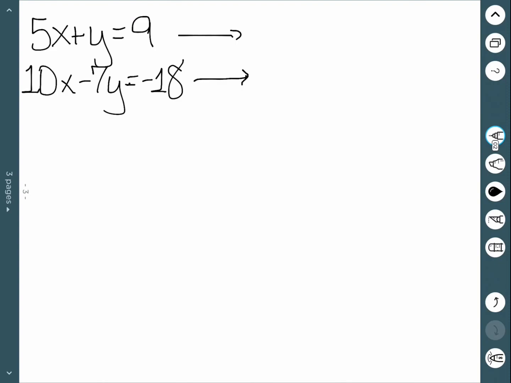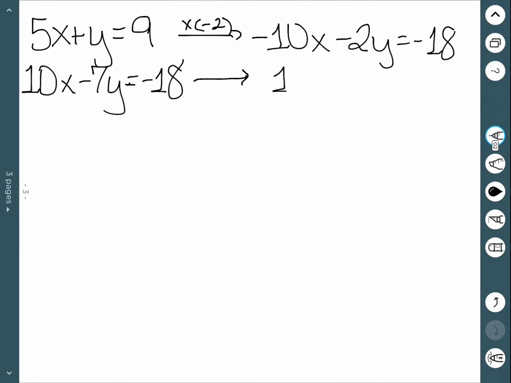So the first step is to pick which variable we want to cancel. Let's try to eliminate the x. So I have a 5x and a 10x. But if I multiply this top equation by negative 2, I would then have negative 10x minus 2y equal to negative 18.